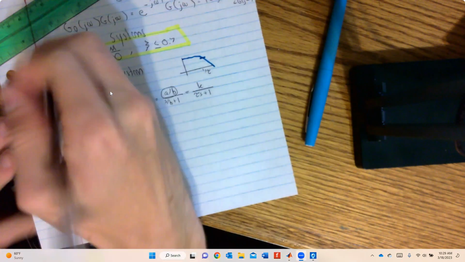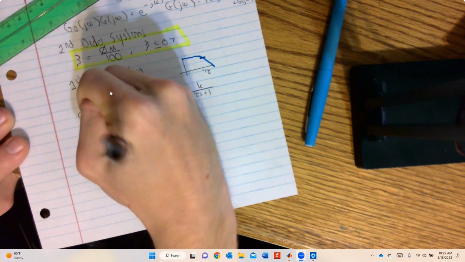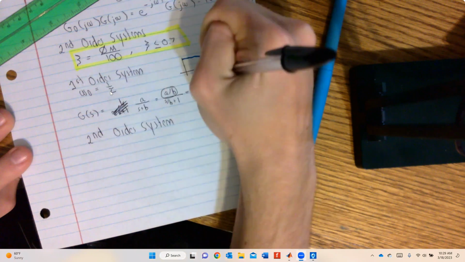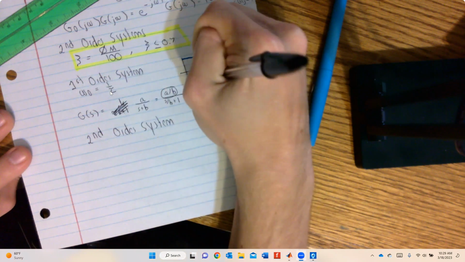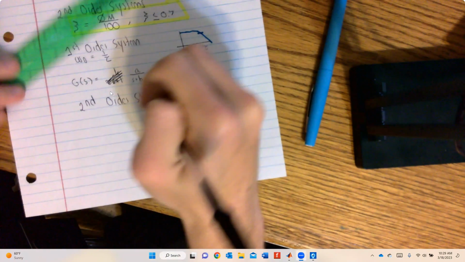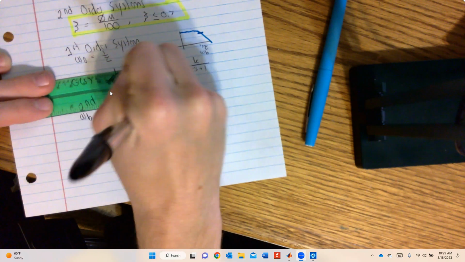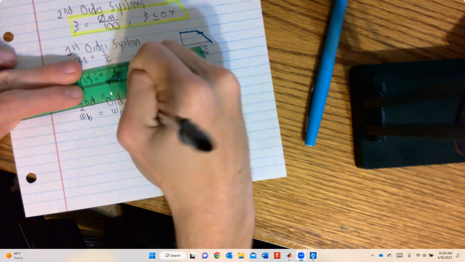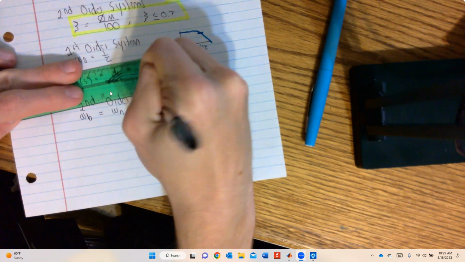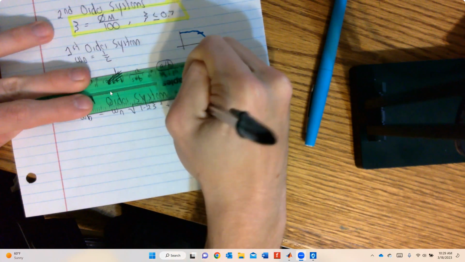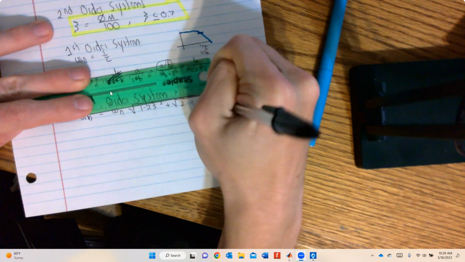But for your second order system, the bandwidth, omega b, which is 1 over tau for the first order, is a little bit more complicated of an equation. It's equal to omega n times the square root of 1 minus 2 zeta squared plus the square root of 2 minus 4 zeta squared plus 4 zeta to the 4th.